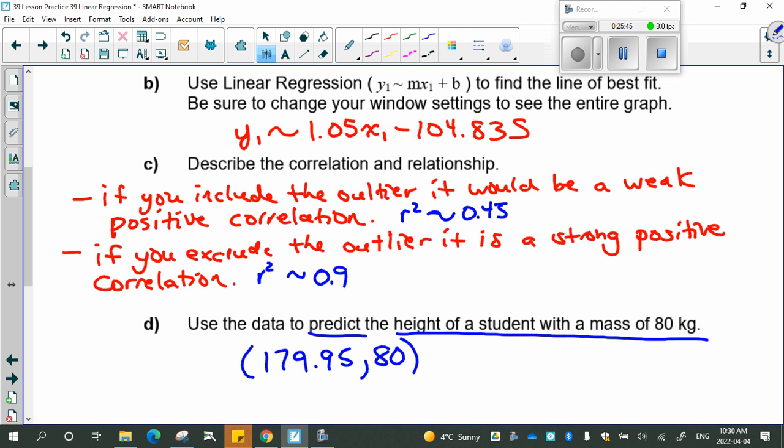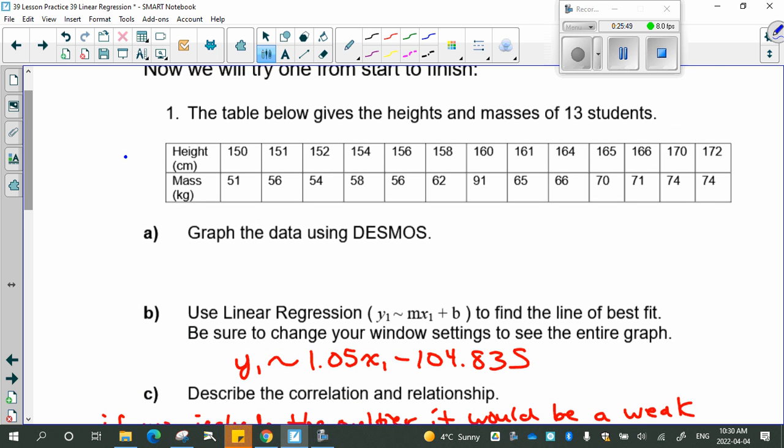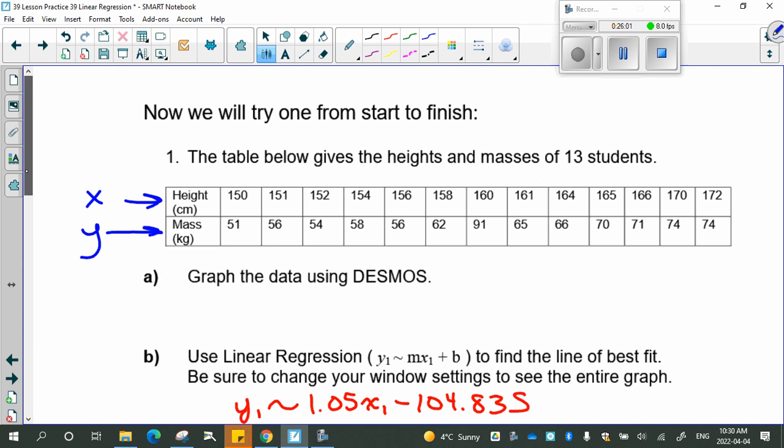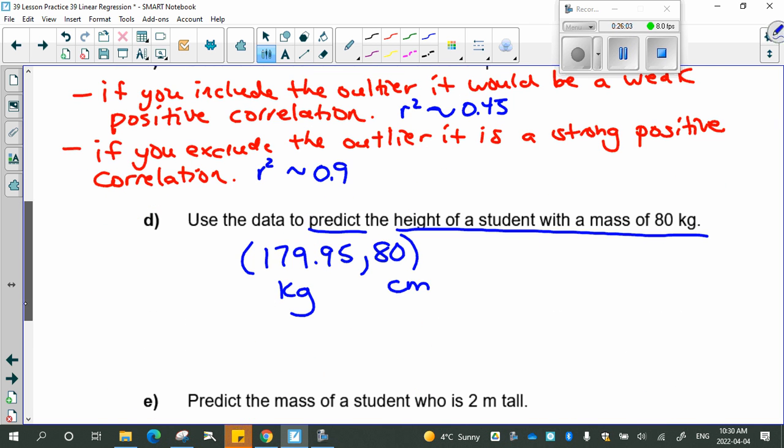So again, the first column, if you go back up to the question, this is the X, this is the Y. Okay, so the mass is in kilograms, the height's in centimeters. Oh no, I'm backwards here. Centimeters, kilograms.